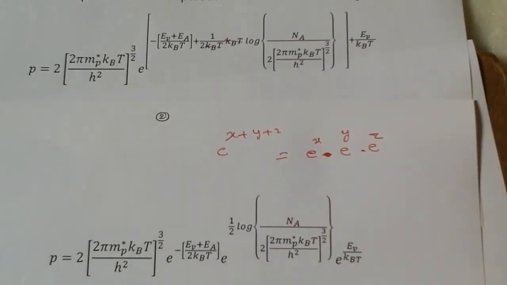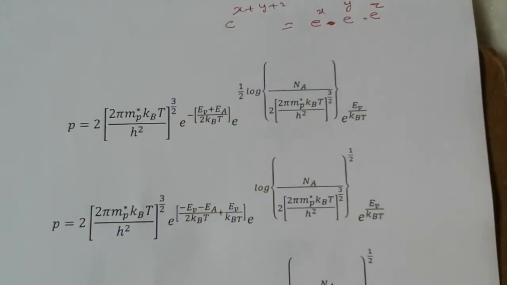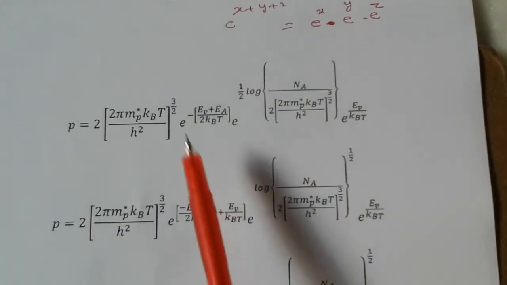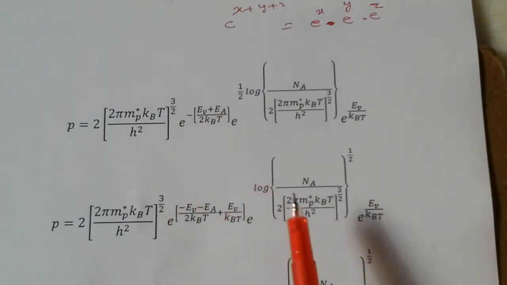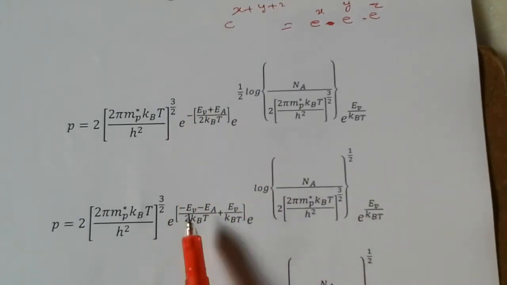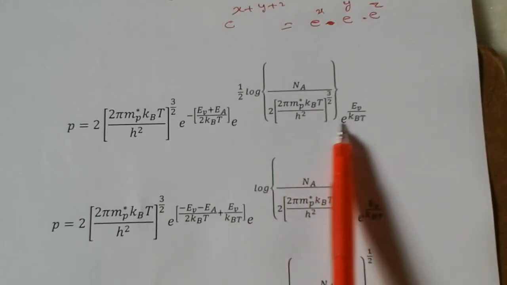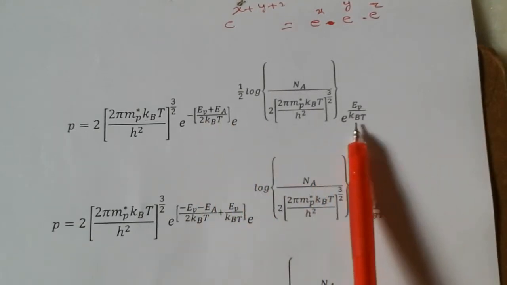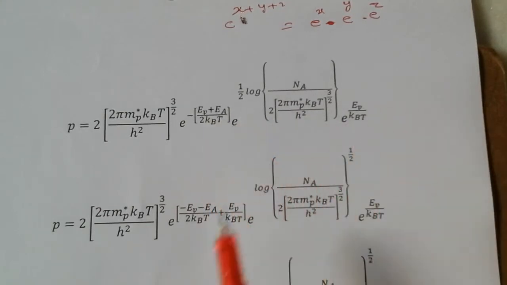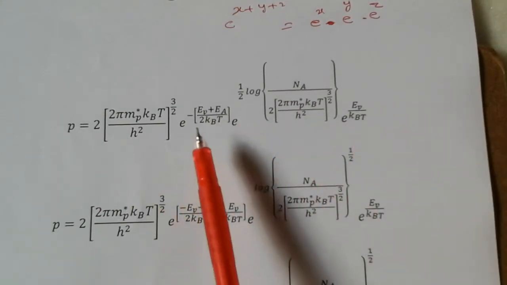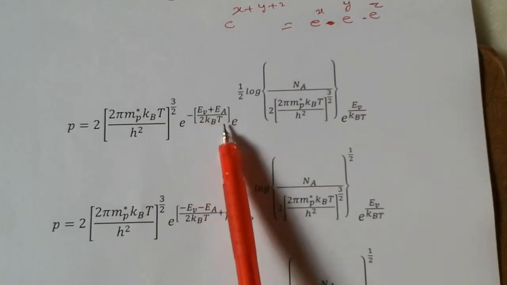Like this we got. Now if you go to next step, here this minus we are sending inside. This is also e power, this is also e power, this is also e power, this is also e power. So bases are same. That's why the powers should be added. So I am writing here e power of minus EV by 2 KBT.